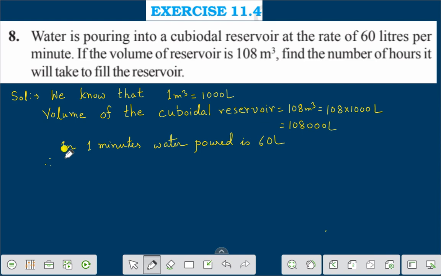Therefore in 60 minutes, it is 1 hour. 60 minutes means 1 hour.